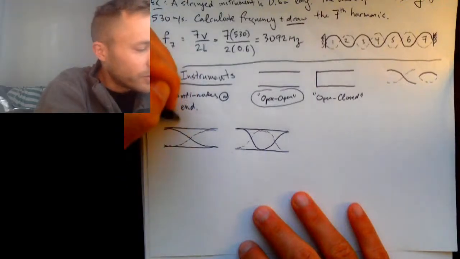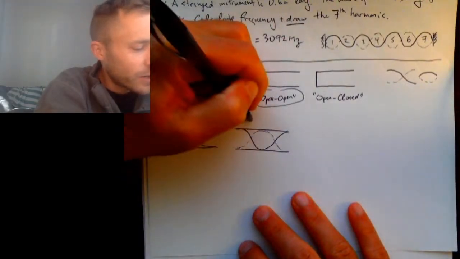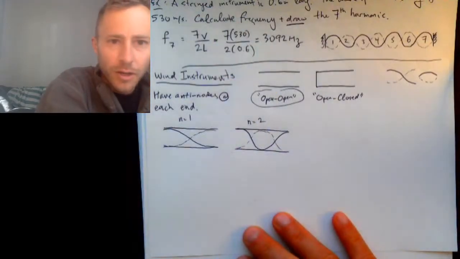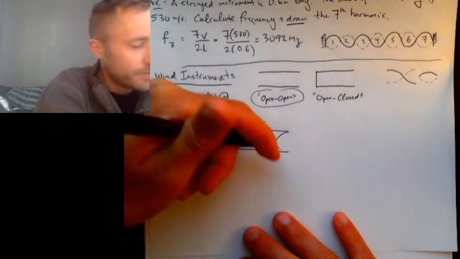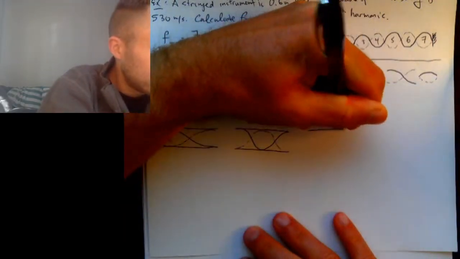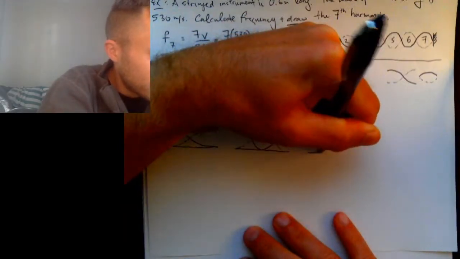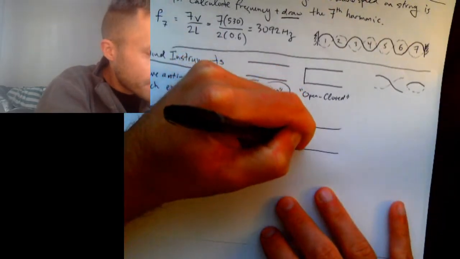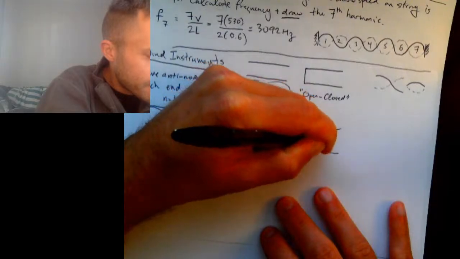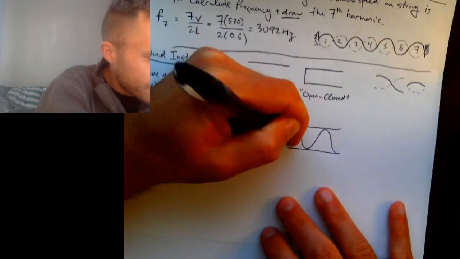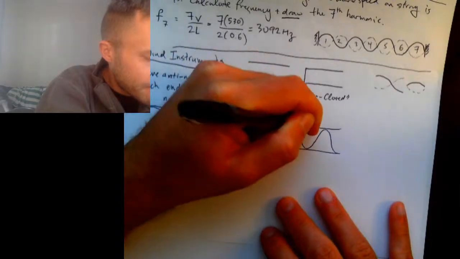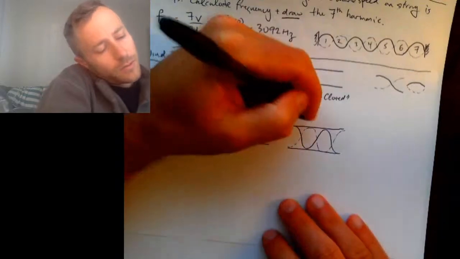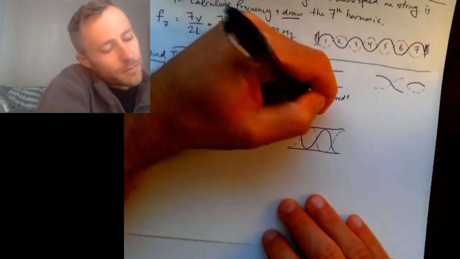So this is the first harmonic. This is the second harmonic. To go to the third harmonic, I will add a football in the middle. There's the third harmonic.